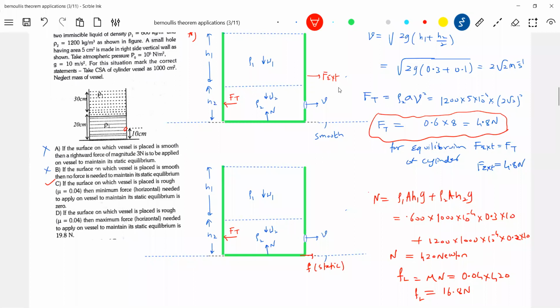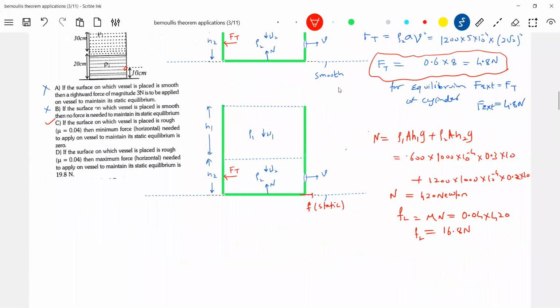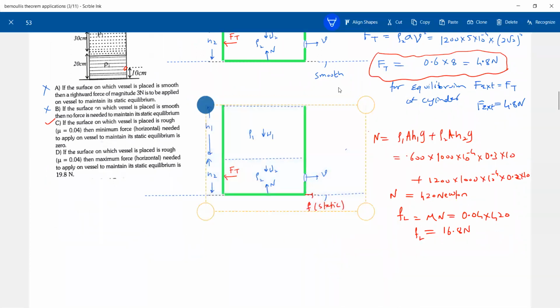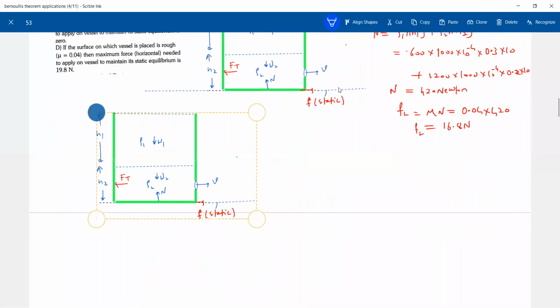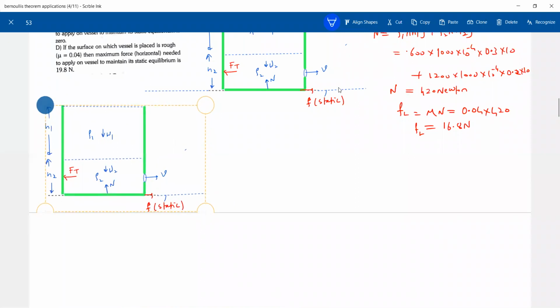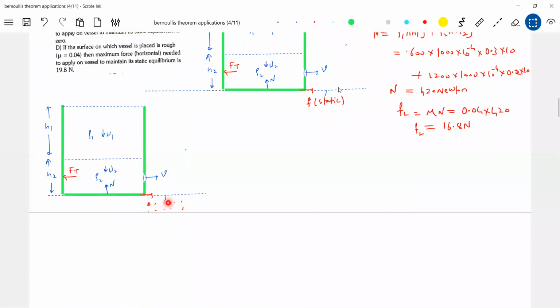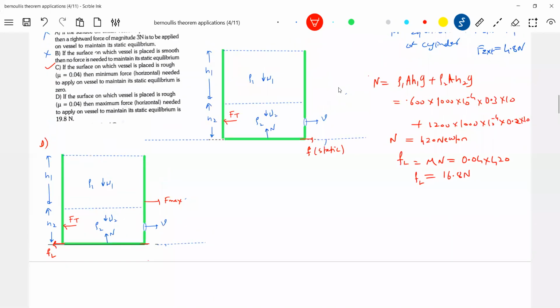Now maximum force. What do you mean by maximum force? So the maximum force idea will come like this. Now why I should bring maximum force?